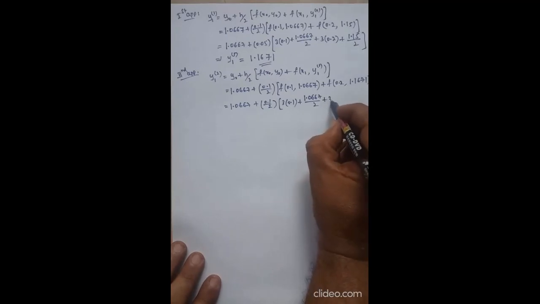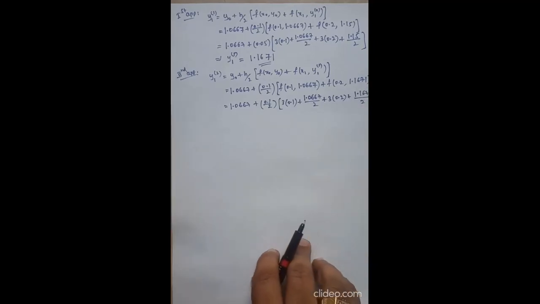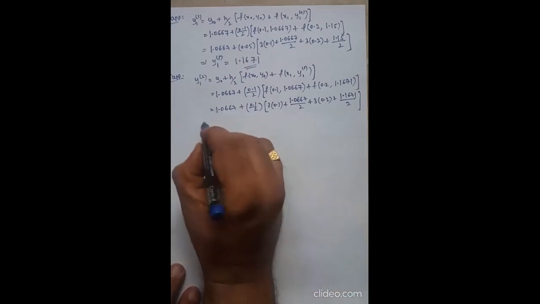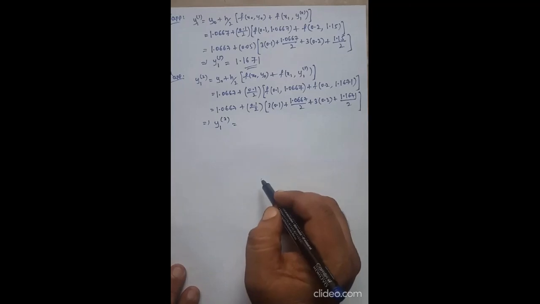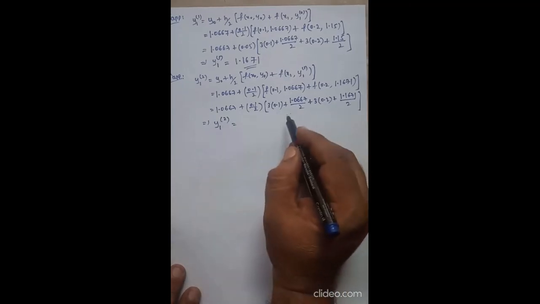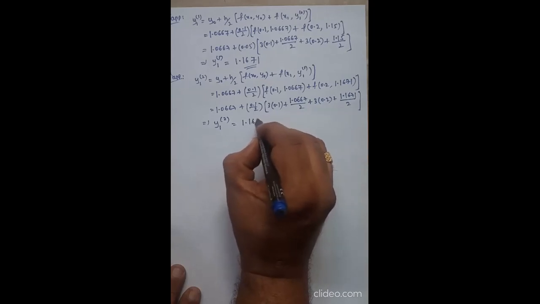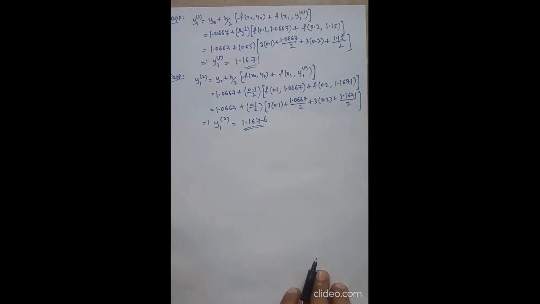Plus again here also 3 into x is 0.2 plus y by 2 means 1.1671 by 2. So it is easy to calculate now. So just use your calculators and find out the answer of this. You get y1 power 2. So y1 power 2 is 1.1676. So this is the second iteration.